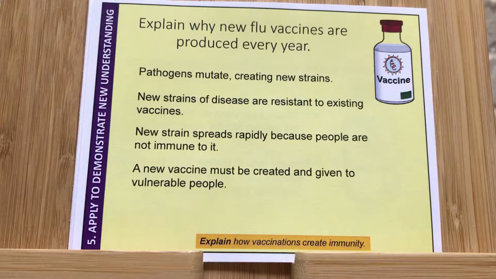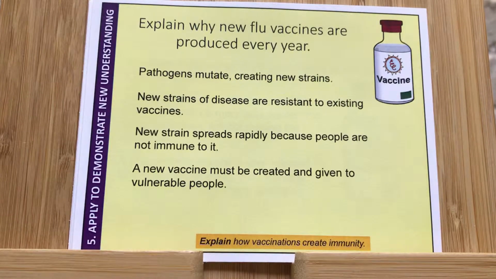Kind of, maybe we could consider it upgrading, okay? So it creates a new strain, a slightly different mutated version that we're no longer immune to, or we've never had immunity to, and then we've got to train our body in learning how to fight the new version of the flu, the mutated version.